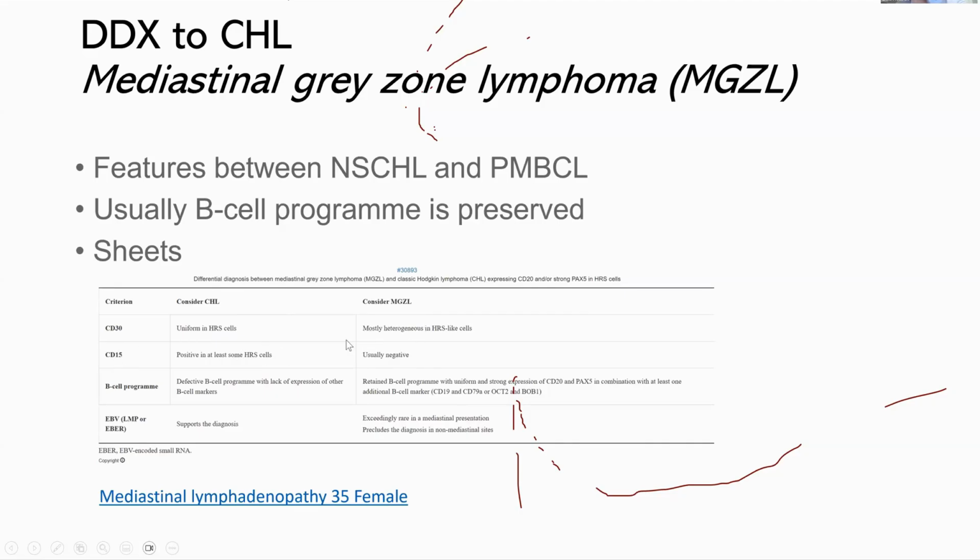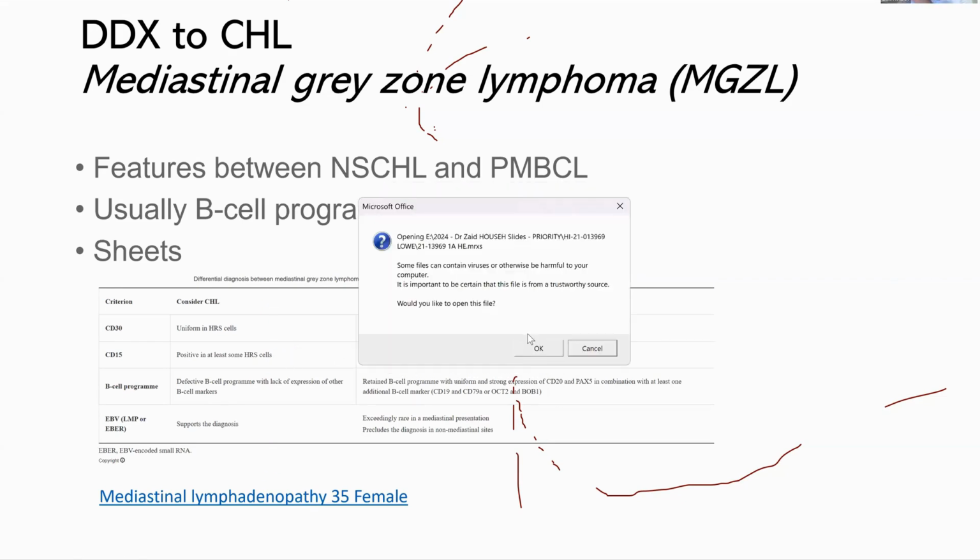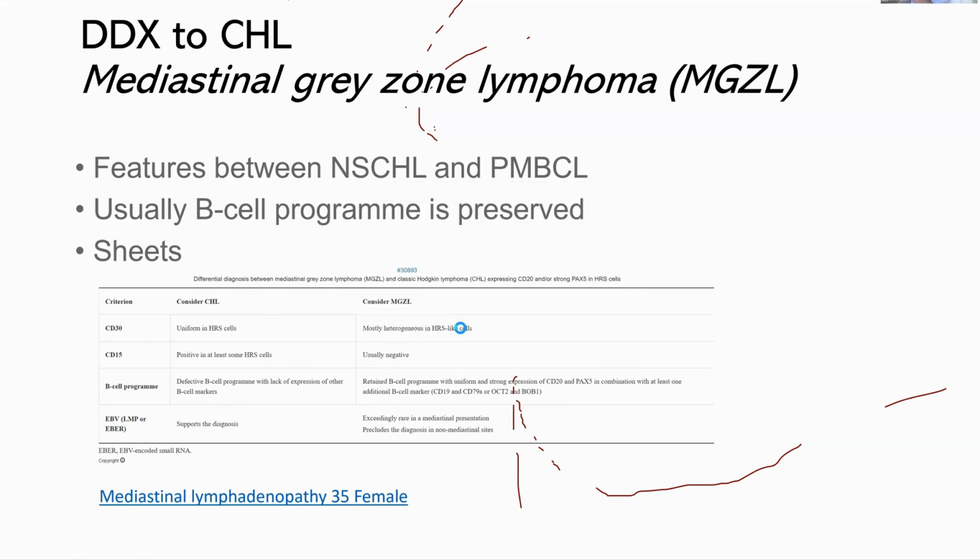CD15 is usually negative in these cases, but it will show some features that look like classic Hodgkin lymphoma. We discourage making this diagnosis on core biopsies unless you don't have any other option. On core biopsies we raise the suspicion of this diagnosis, and then we confirm it on an excisional biopsy. But you can see that there will be lots of overlapping features.